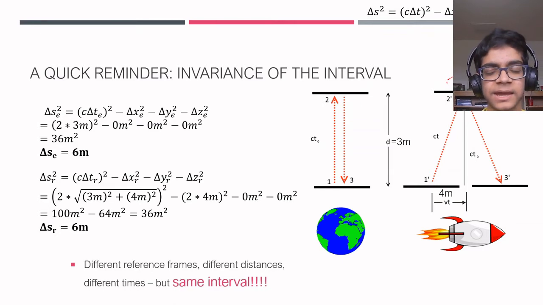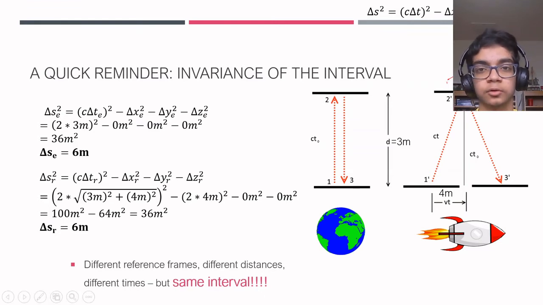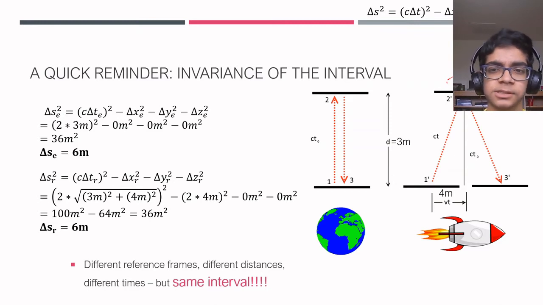Now, let's examine this in the rocket ship frame. On board the rocket, let's say the rocket has moved a total of 2 times 4, which is 8 meters. So if the height of the light clock, which stays the same, is 3 meters, and the rocket has moved, let's say, 4 meters each time the light goes from one mirror to the other, that makes this ct guy over here equal to the Pythagorean theorem used on 3 and 4 as the side lengths, which is 5 meters.